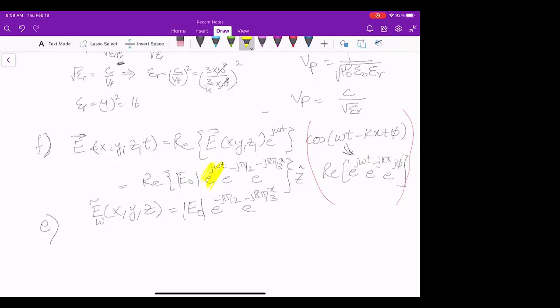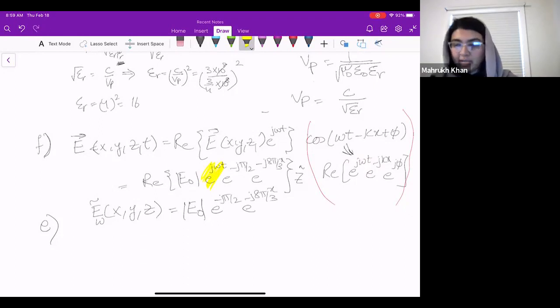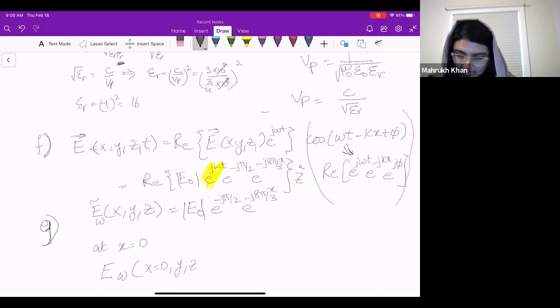Okay. So the phasor will only have the exponents without the time part. Now why do I need to write it? Because I need the phasor at x equals 0. Oh, sorry, not E, it's G. G part. So it will be E(x=0, y, z). Right?